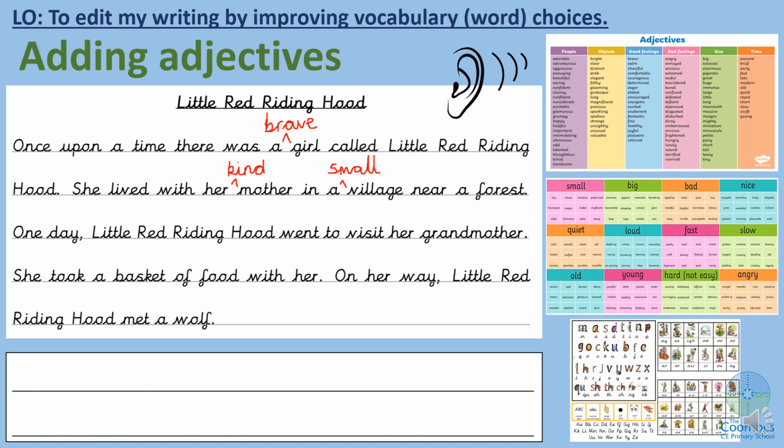So she lived with her kind mother in a small village near a forest. Again, I can describe the forest, and the word that I'm thinking of is enchanted. And enchanted makes it sound quite magical. So I'm going to put near an enchanted forest.